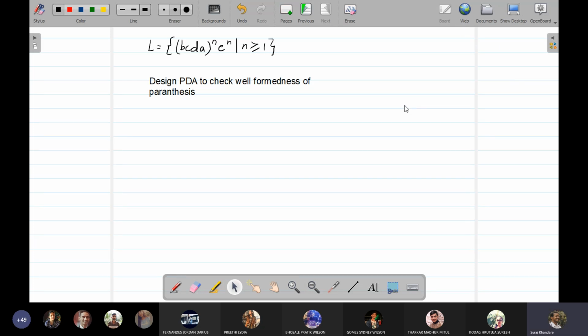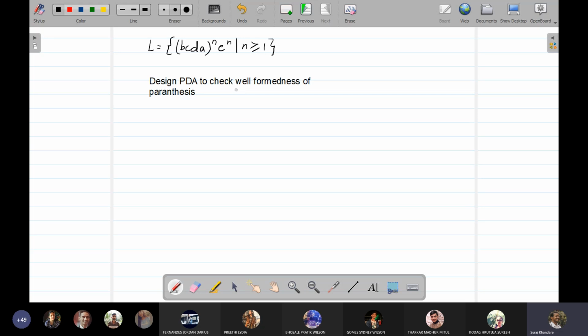Now next problem is design pushdown automata to check well-formedness of parentheses. Can anyone tell me what do you mean by well-formedness? Yes. Well-formedness of parenthesis.